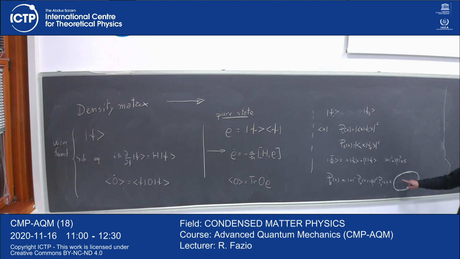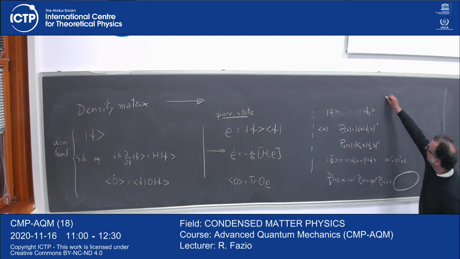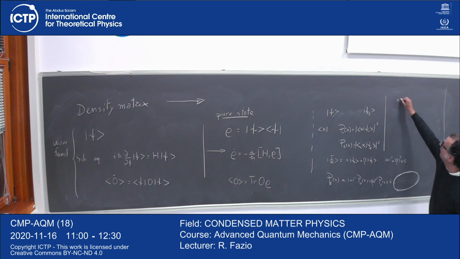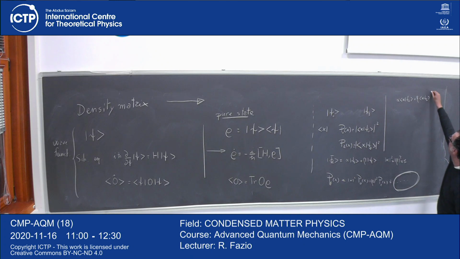So let me do it. I have alpha x psi 0 plus beta x psi 1, modulus squared. This is equal to these two terms, alpha squared p0 plus beta squared p1, then I get alpha beta star x psi 0 psi 1 x, plus complex conjugate.